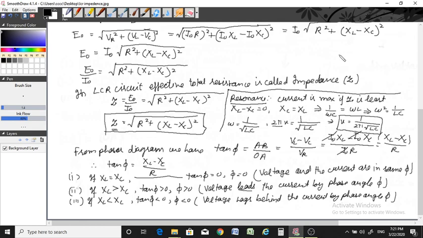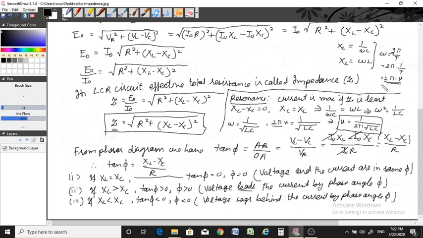Here XC is the reactance of the capacitor, which is equal to 1 upon omega C, and XL is the reactance of the inductor, which is equal to omega L. In both cases omega is equal to 2 pi upon capital T, where T is the time period, which is equal to 2 pi into mu, the frequency.